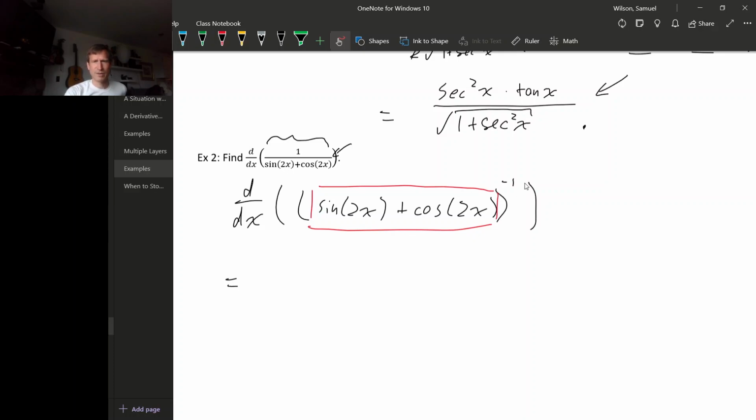All right. So our outside function is the to the minus first power function. So use the power rule on that. The minus 1 comes down in front, and the exponent changes to minus 2. And then we have to put the inside in there, sine 2x plus cosine 2x.